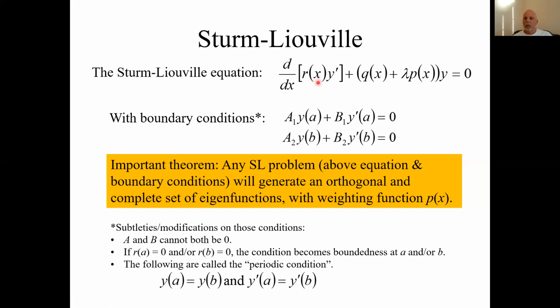If this R function is 0 at either end, then instead of this kind of boundary condition, your solution must just be bounded at that boundary. So if R at a is 0, your solution must be bounded at x equals a. And one other set is called the periodic condition, where the function and its derivative are equal at both ends.